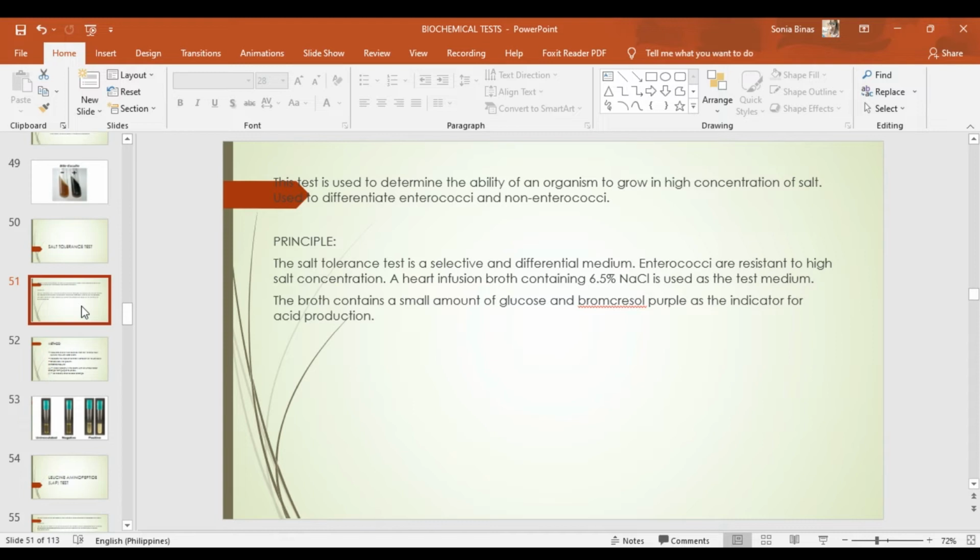So, a heart infusion broth containing 6.5% sodium chloride is used as the test medium. The broth contains a small amount of glucose and bromcresol purple as the indicator of acid production. So the pH indicator of our salt tolerance test is our bromcresol purple.